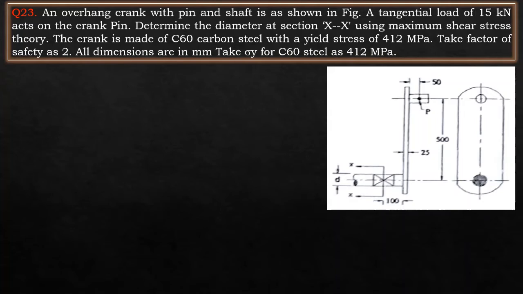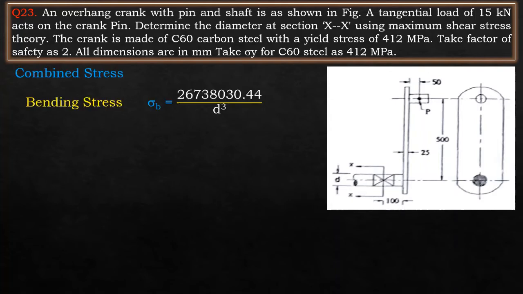Let us now determine the combined effect of bending and torsional load. The bending stress in terms of d cube is given by the following equation. The torsional stress in terms of d cube is also given.